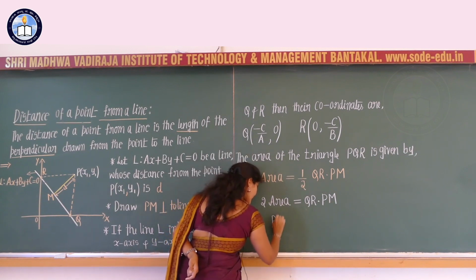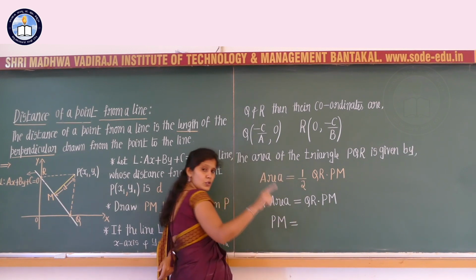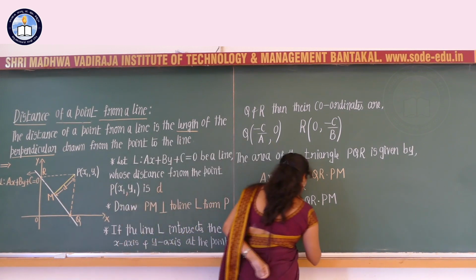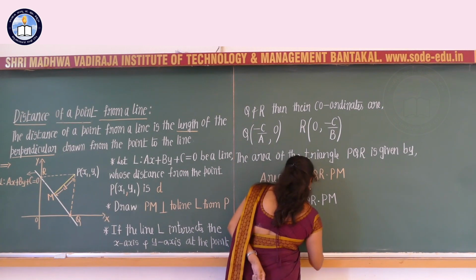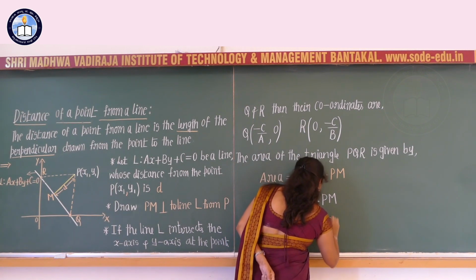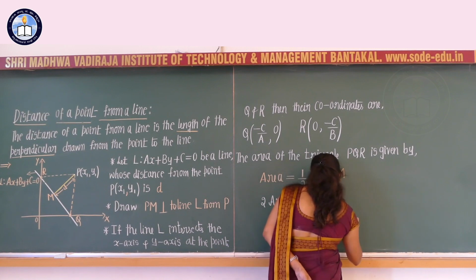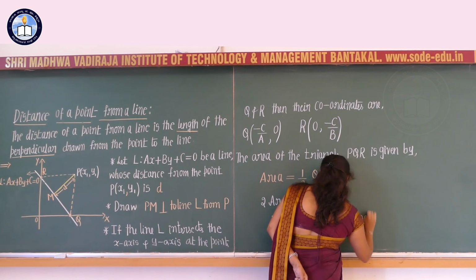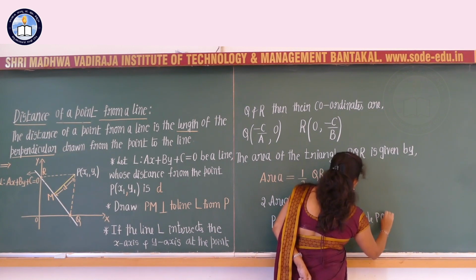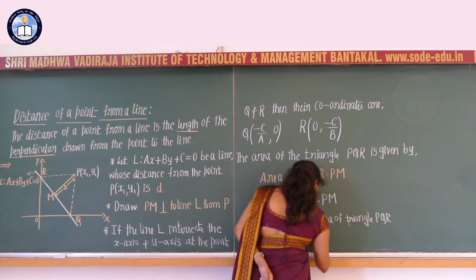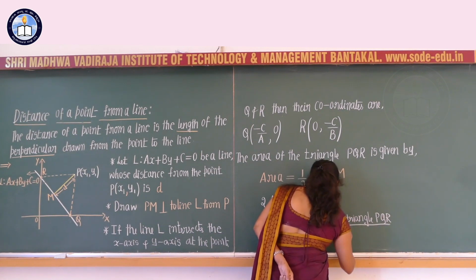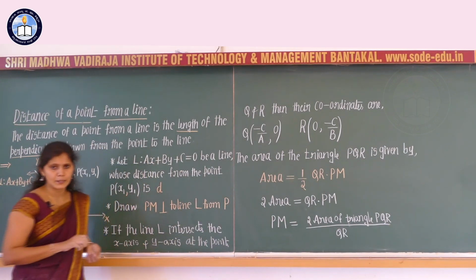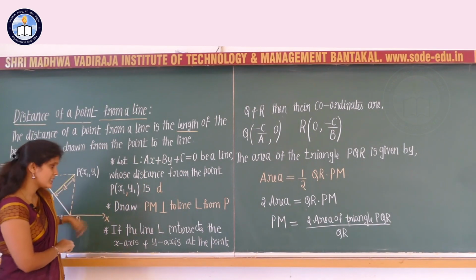So, PM becomes, what is meant by PM? PM is also equal to D, distance between the point and the line. So, PM can be written as 2 times area of the triangle PQR divided by Q into R. 2 times area of the triangle PQR divided by Q into R, that represents PM.